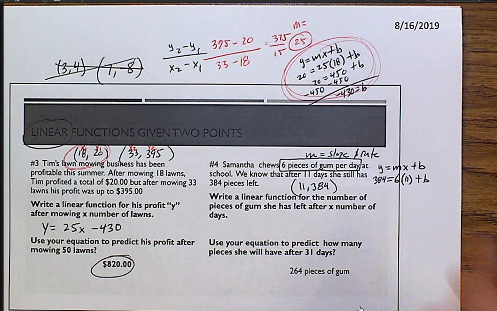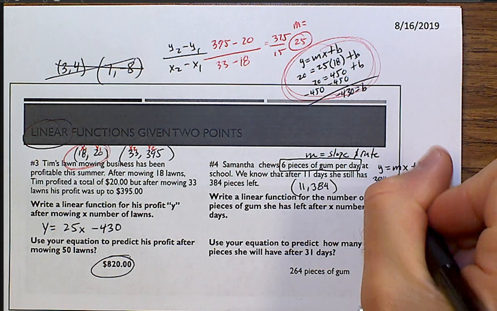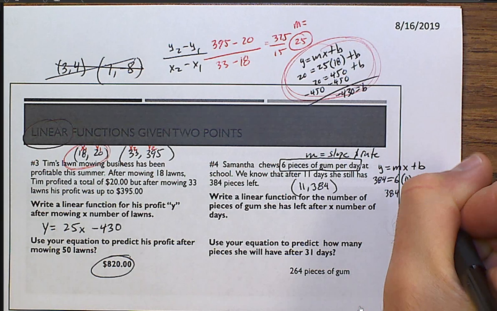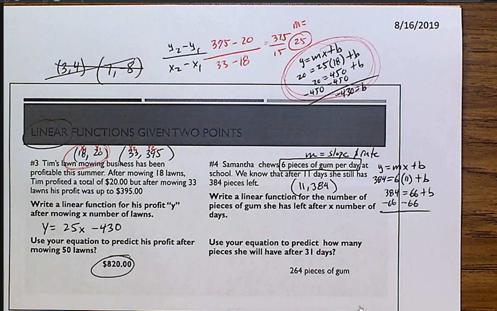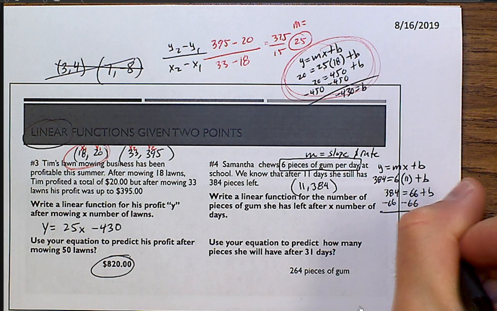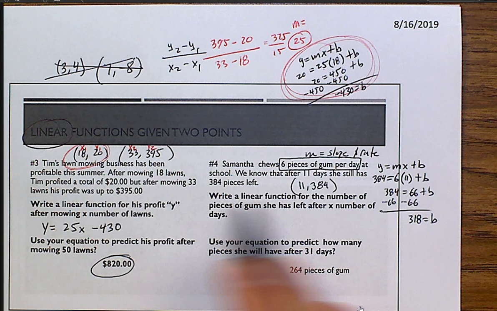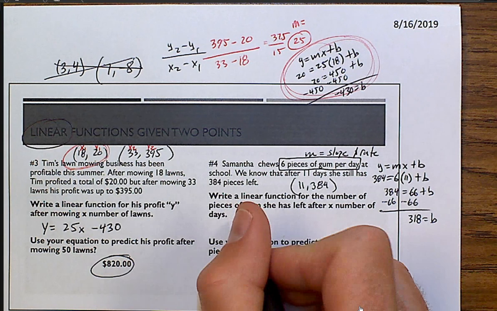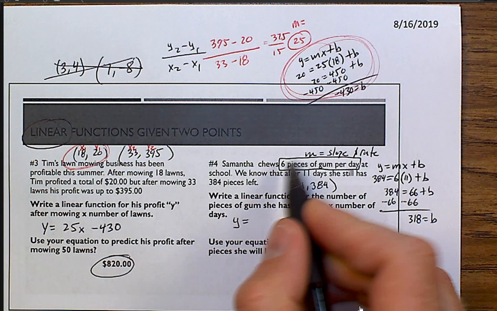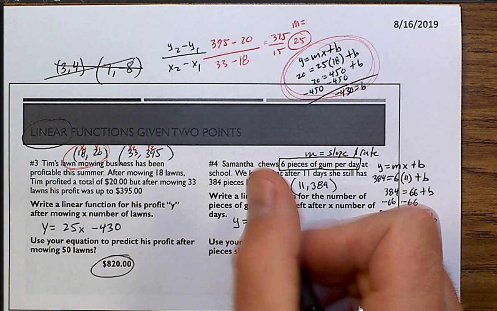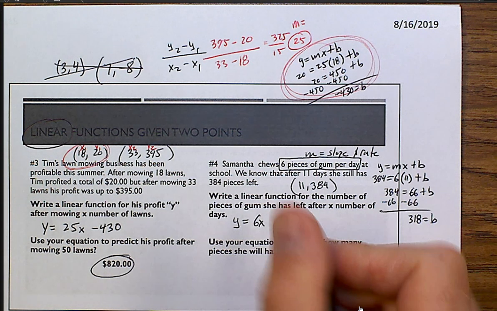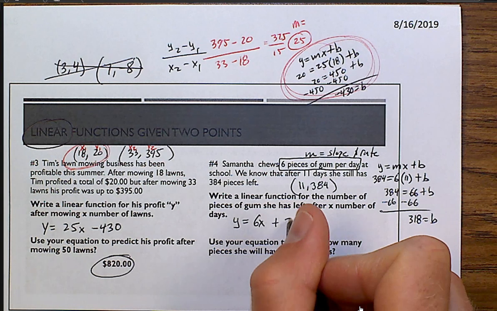So basically 384 equals 66 plus b, so subtract 66 from 384. 384 subtract 66, and I get 318 is my b value. So the equation, the answer, is going to be y equals my slope, or my rate, that she's chewing 6 pieces of gum per day. That's a rate. So 6x, and then plus 318.